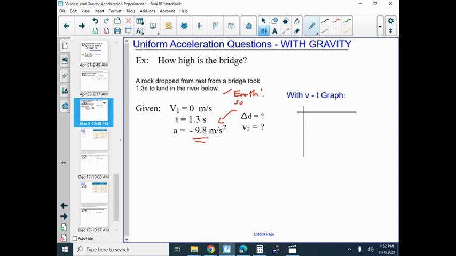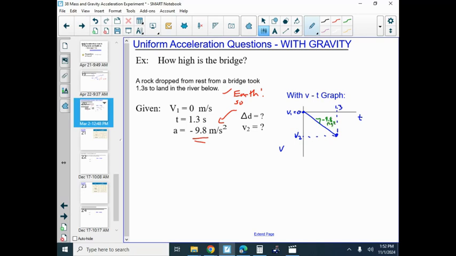We're starting at 0, so V1 of our VT graph equals 0. And then we're going to end up with some final velocity later on, some V2 value that we don't know at this point. We have a time interval of 1.3, our time scale, and we have the acceleration, the slope, which we could list as negative 9.8.